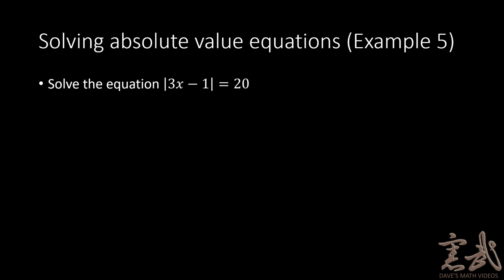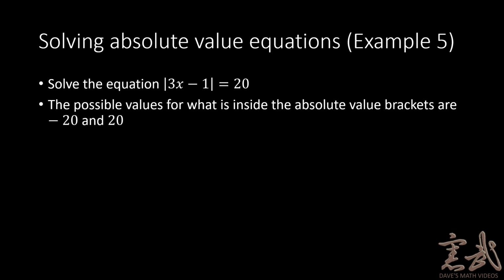In this example, we wish to solve the equation, the absolute value of the quantity 3x minus 1 is equal to 20. You must realize that when we have the absolute value symbol, the entire quantity inside the absolute value could be equal to negative 20 or positive 20. In other words, the possible values for 3x minus 1 are either negative 20 or 20.